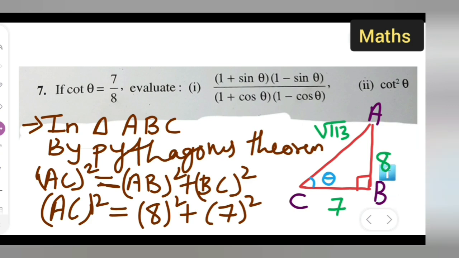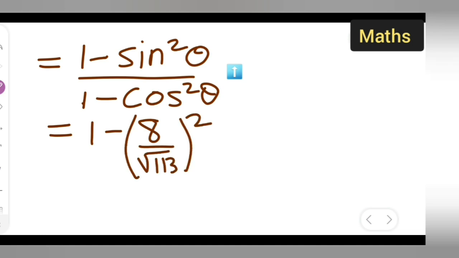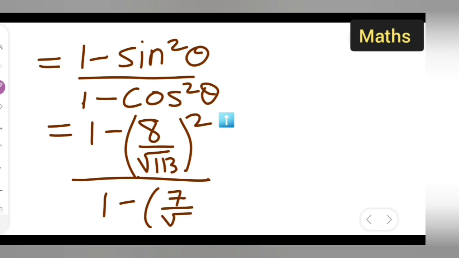So AB is nothing but 8 and hypotenuse is root 113. So 8 upon root 113, and here you all have to square it. Next, 1 minus, now cos will be adjacent. Adjacent we know 7 upon the hypotenuse, that is root 113, squared.